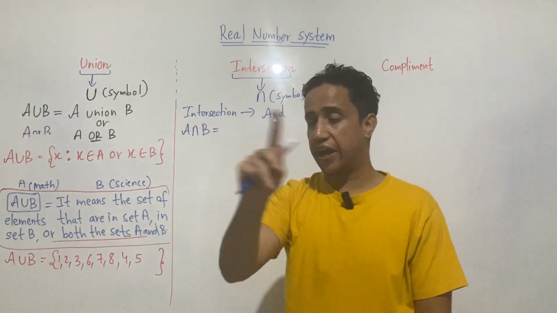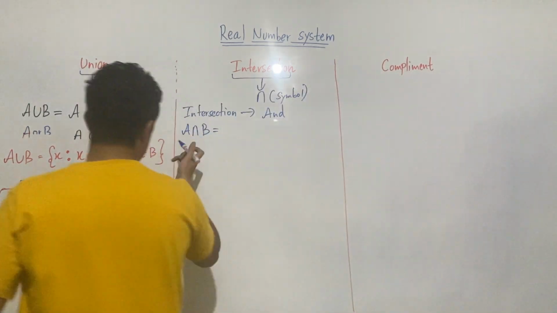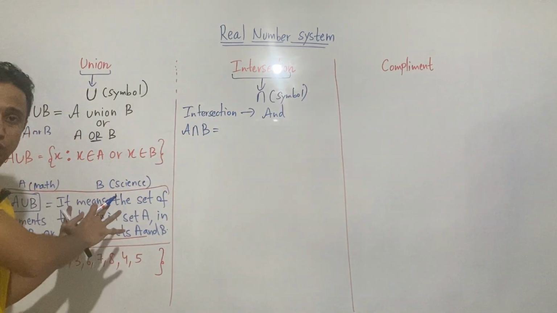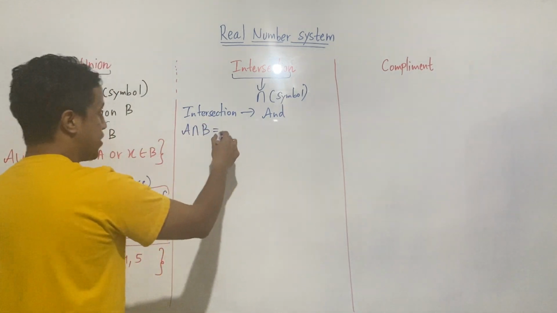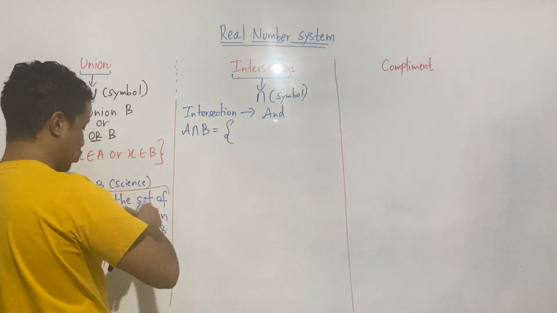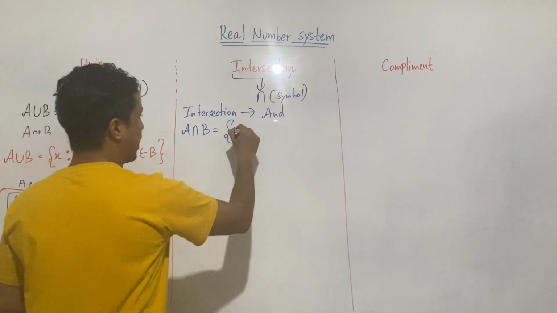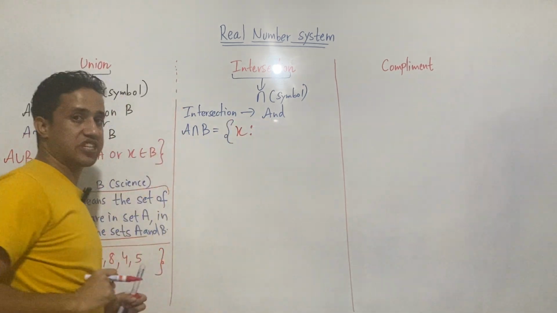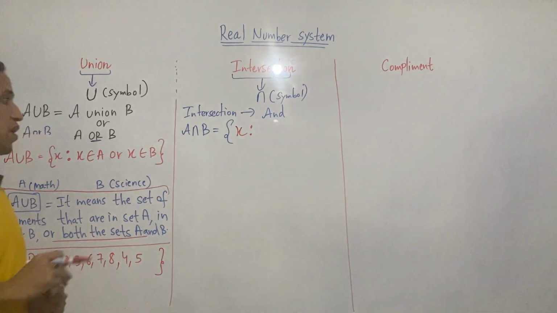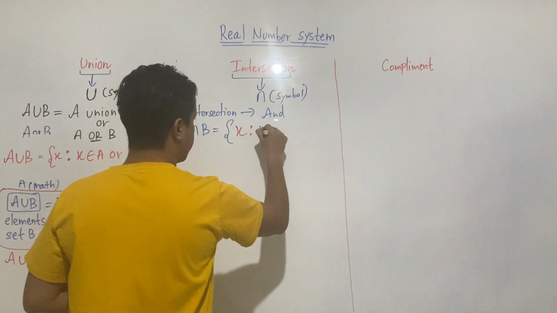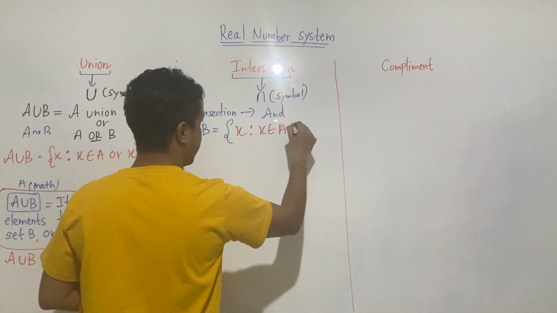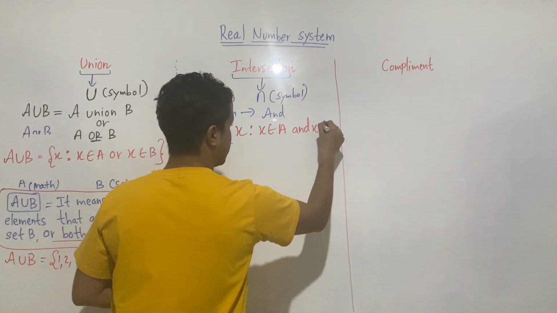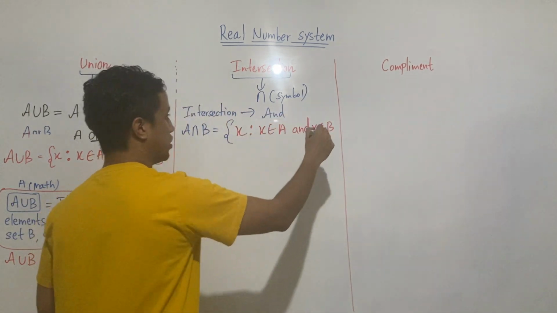So I will talk about it later. First see it here, it's going to contain all the elements which belong to set A and set B. What does it mean?